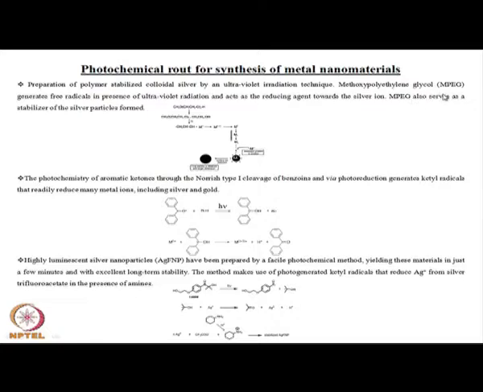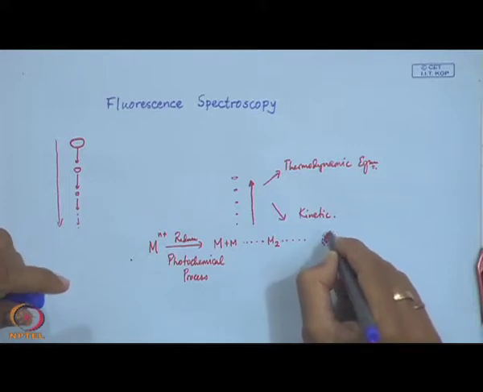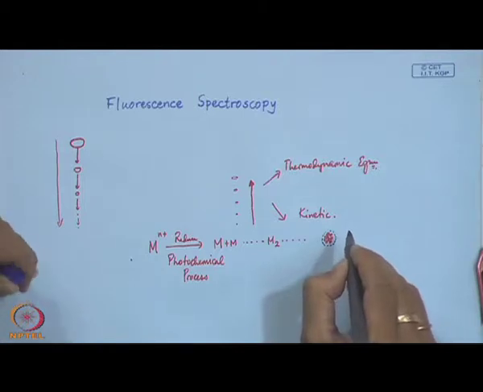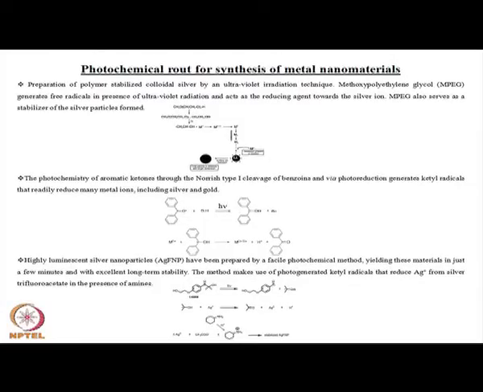Also, when you generate this nanomaterial, like clustering of small particles, you need to have something outside as a coating so that this agglomerate is stabilized. So, here methoxypolyethylene glycol acts not only as the free radical generator, which ultimately reduces the silver, but also serves as the stabilizer for the silver nanoparticles generated. So, this is one method.